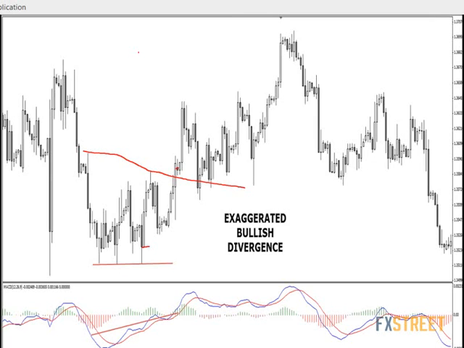Okay? 1, 2, 3. High low. And this is the candle close. This is also the candle close. This is not wrong to go long here. And you definitely would be in profit because this is also part of this exaggerated divergence.